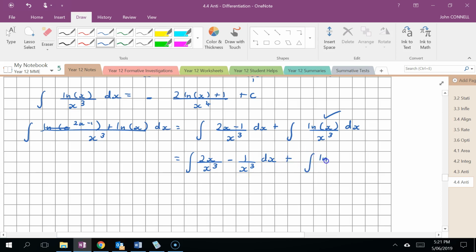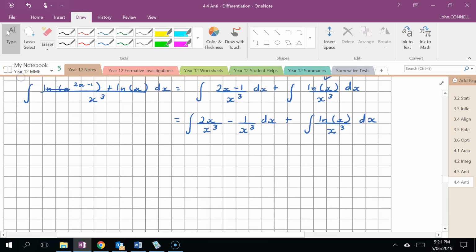Plus the integral of ln x on x cubed dx, and I know how to do that one as well. So if I cancel the x and the cube to a squared, I'll get the integral of 2x to the minus 2, take x to the minus 3 dx, plus the integral of ln x on x cubed dx.